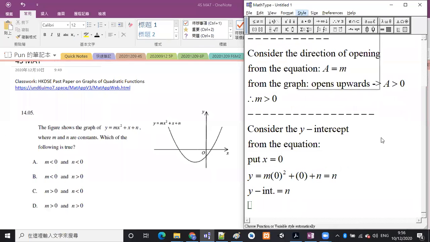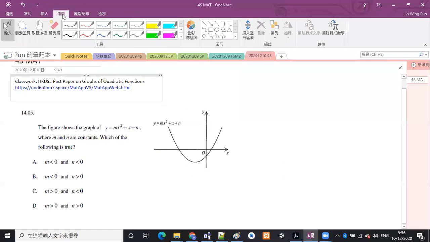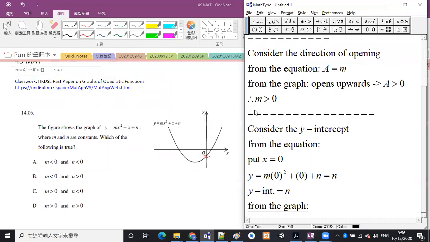And then we go back to the graph. From the graph, we can see that the y-intercept is this point. The y-intercept is the point where the graph cuts the y-axis. And this point is below the x-axis. Below the x-axis means that the y-coordinate, or the y-intercept in this case, will be less than 0.